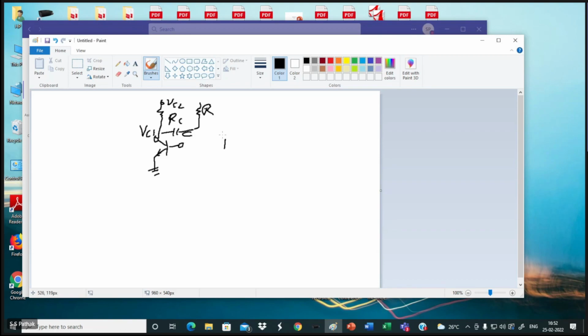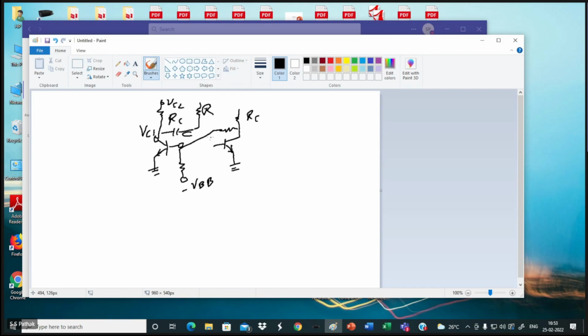And this side, same thing, RC is coming as same. This R is coming here, and this R goes to this base, and here minus VBB is given. And here is my emitter. Going as it is.